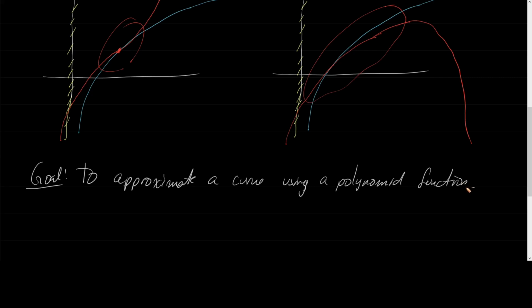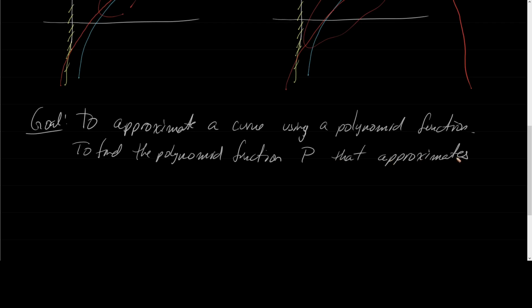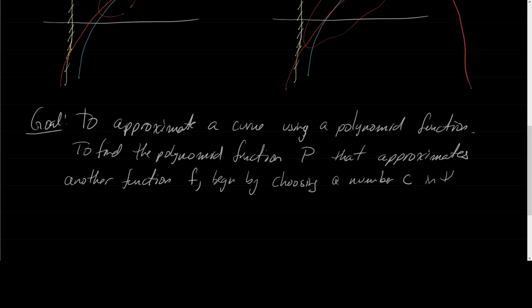All right, so how are we going to do that? To find the polynomial function P that approximates another function f, begin by choosing a number c in the domain of f at which f and P have the same value.